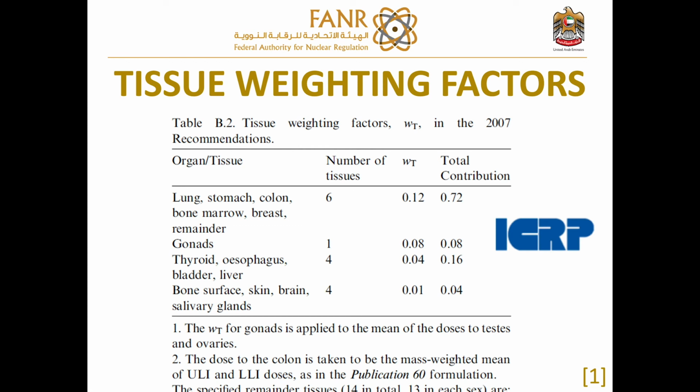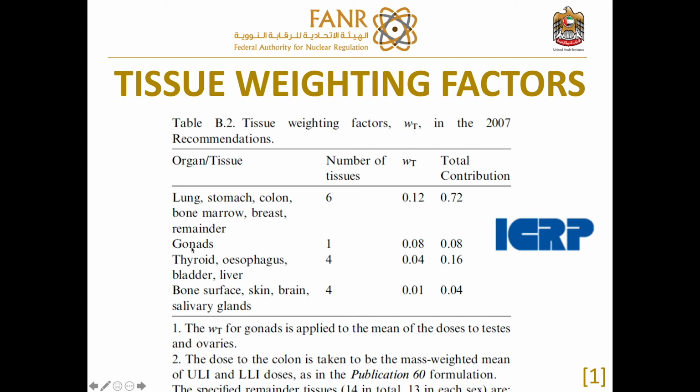This means they contribute, each one of them, to 12% of the effective dose. But the 6 of them taken all together, 6 multiplied 0.12, is 72% of the contribution comes from the irradiation of these organs in the body. Now there is a definition for remainder, which I didn't put because it contains a number of smaller organs, so I didn't want to complicate too much.